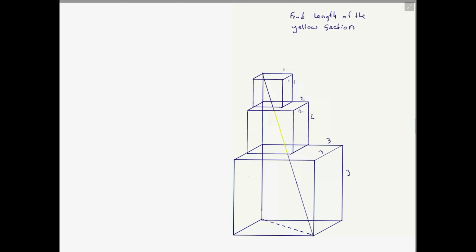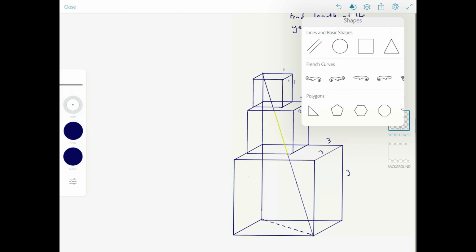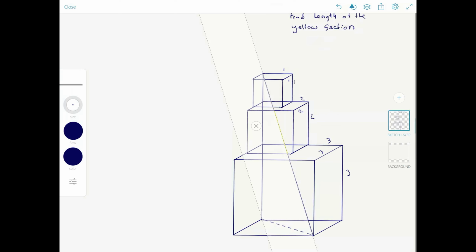Okay, so the problem that we are given is: find the length of the yellow section.